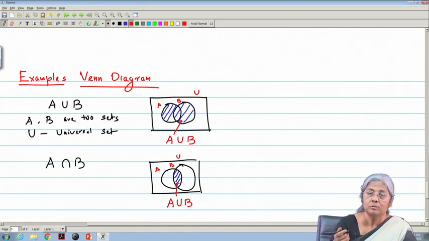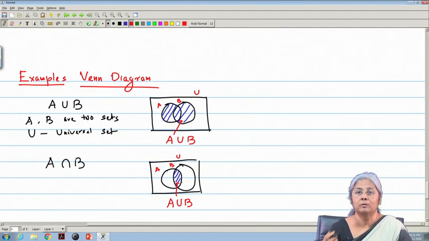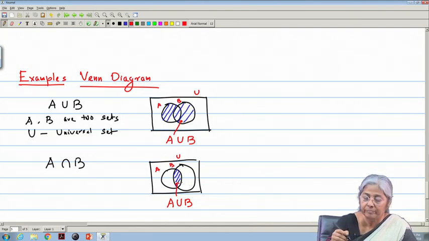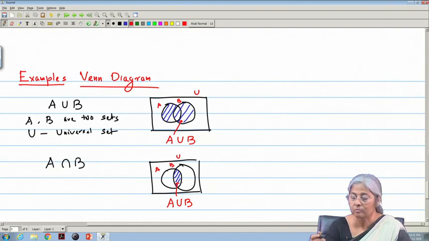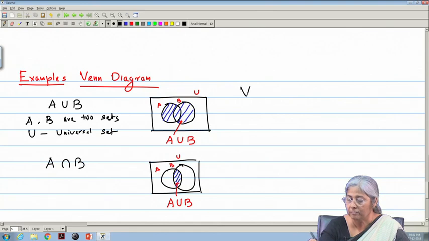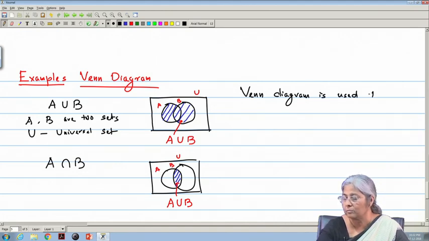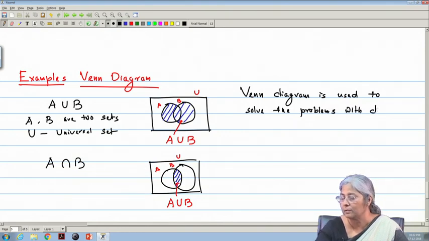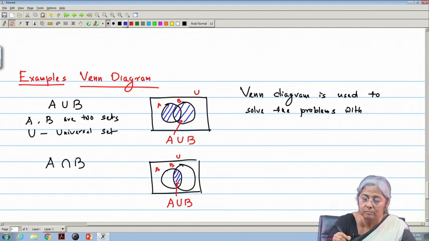This Venn diagram is used to solve the problems dealing with sets. It is a very easy way we can solve the problems using Venn diagrams. So, a Venn diagram is used to solve the problems with sets, or that deal with sets.